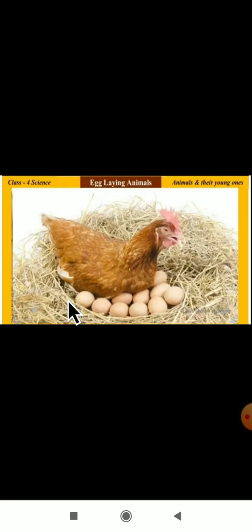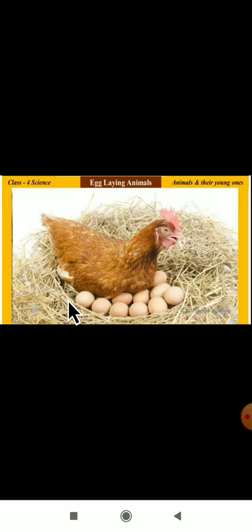After breaking the eggshell, what comes out? The chick will come, the baby chick. Under the suitable condition, the baby chick will break the eggshell and come out of the egg.